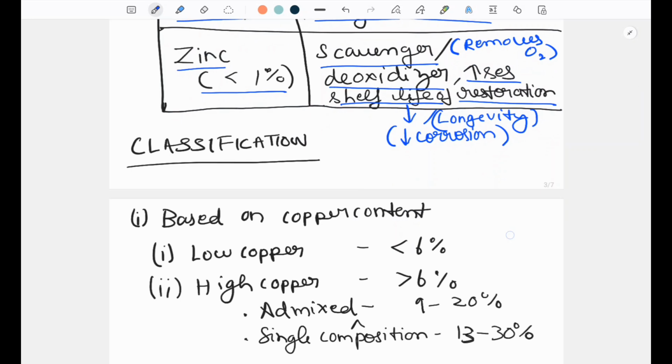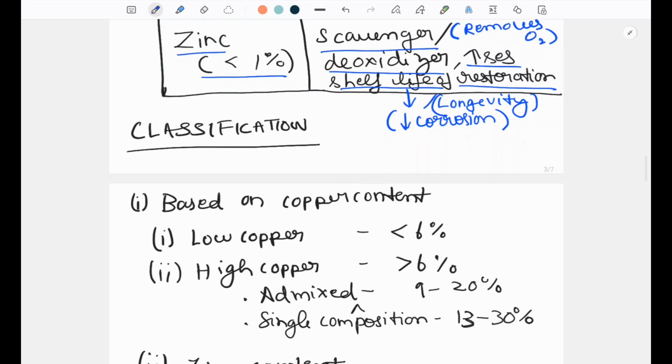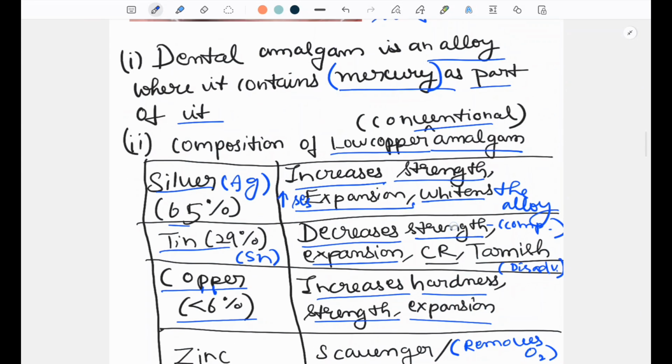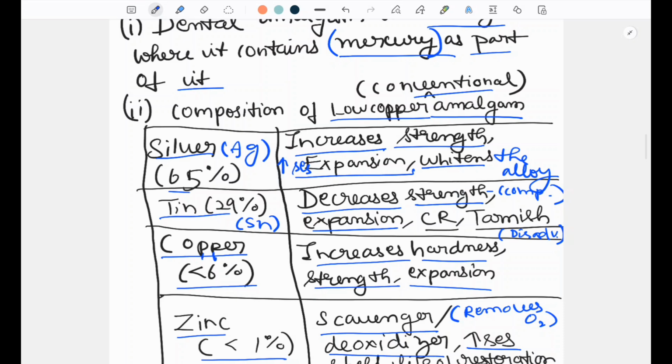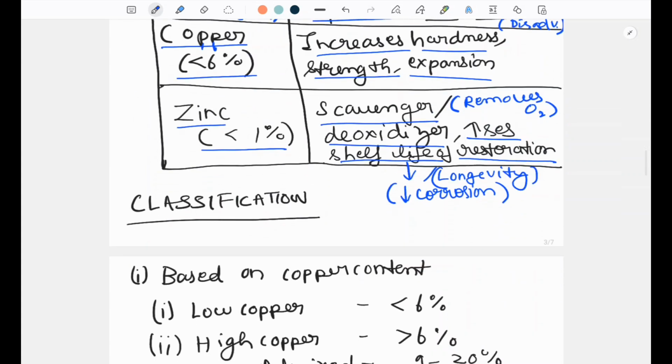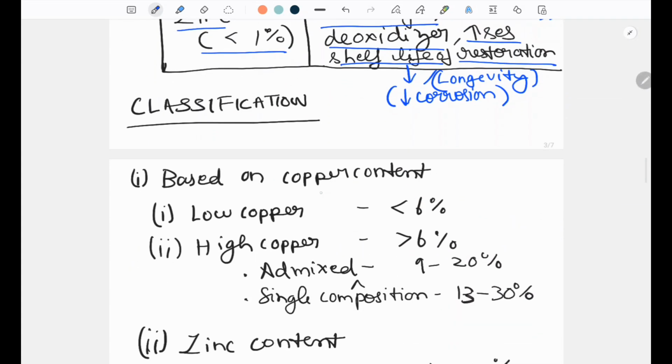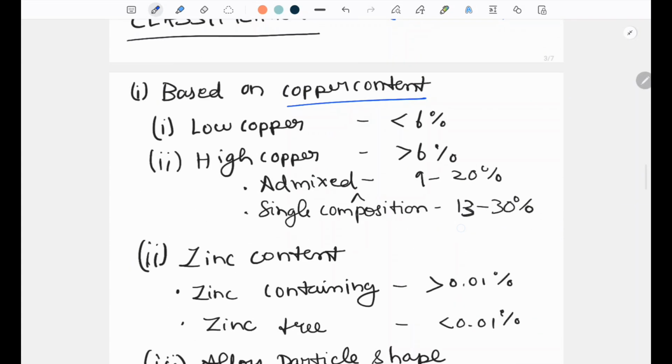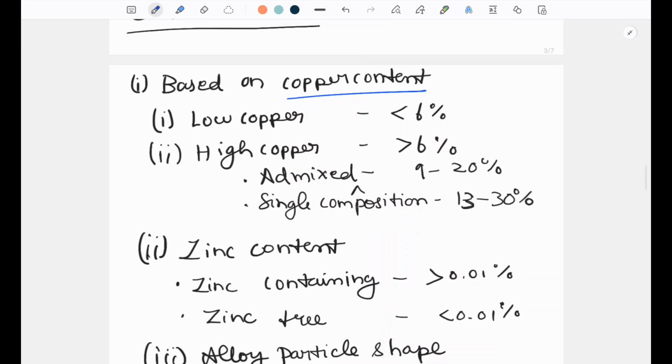Whatever I have mentioned is absolutely important to be mentioned in the examination. It's always better to make a tabular column with a topic and mention each of them separately to get good marks. In classification based on copper content, they have classified dental amalgam based on many aspects.